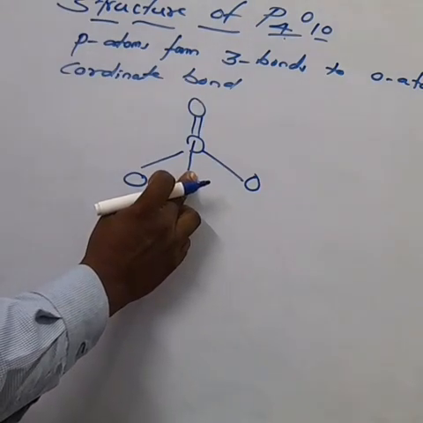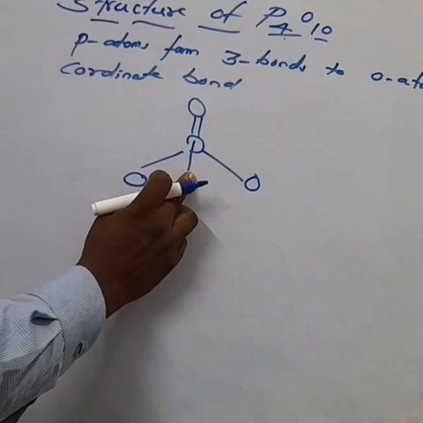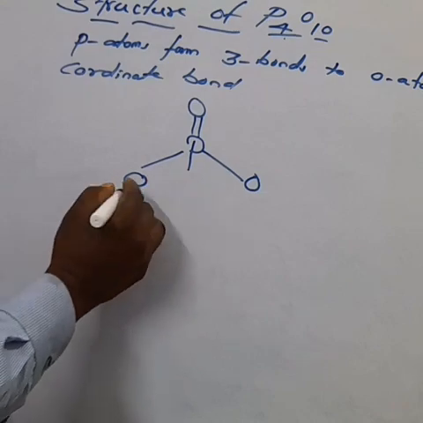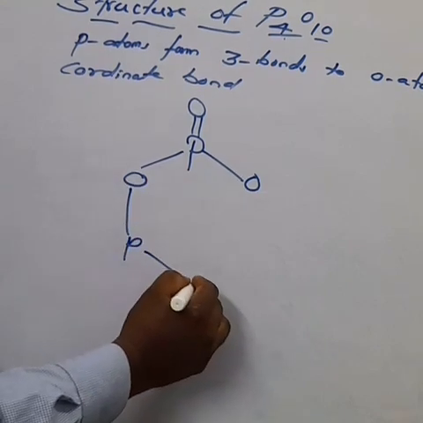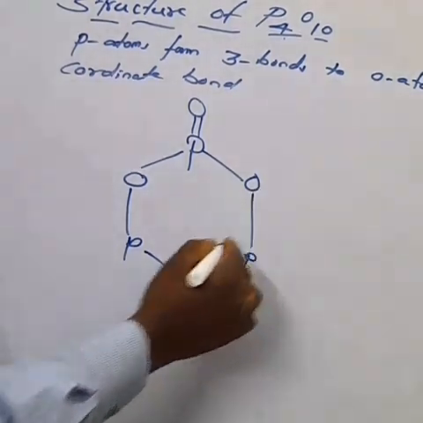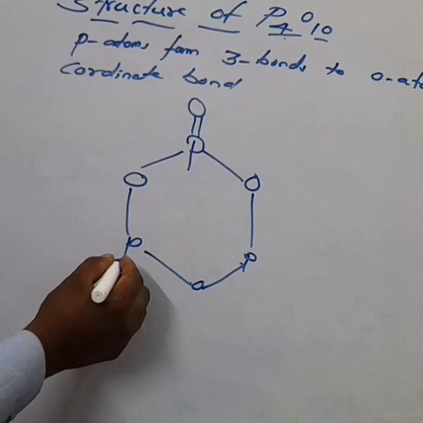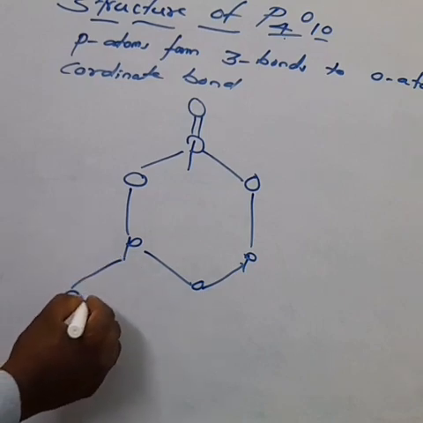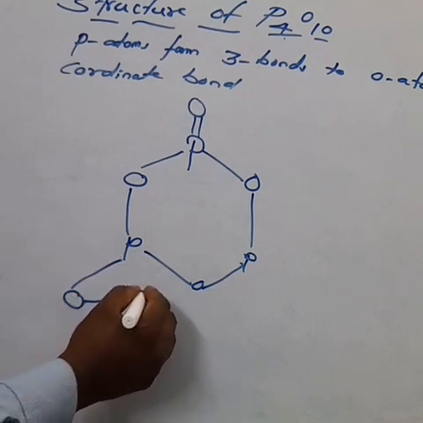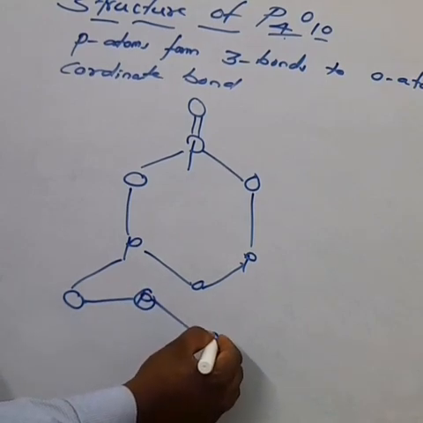First I am drawing with one of the phosphorus atoms: phosphorus, oxygen, phosphorus, oxygen, phosphorus, oxygen. Second, from the phosphorus below, joined with oxygen, phosphorus, oxygen, phosphorus.